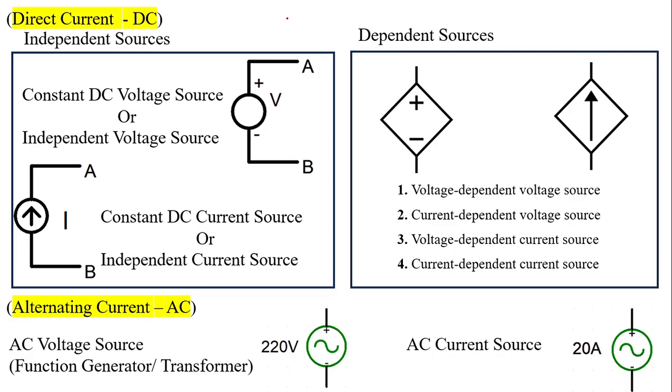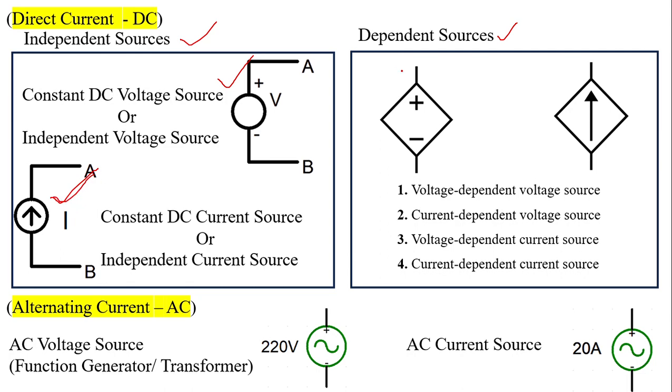There are different sources available: direct sources, alternating current sources, independent and dependent sources. This is a constant voltage source, a DC voltage source, independent voltage source, and this is a constant current source or independent current source.